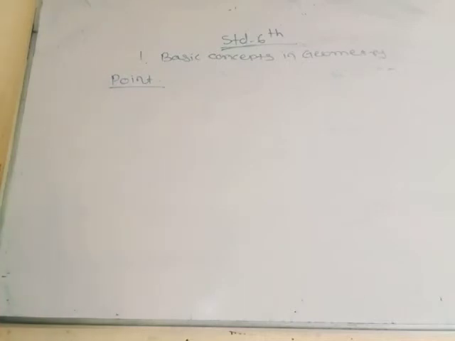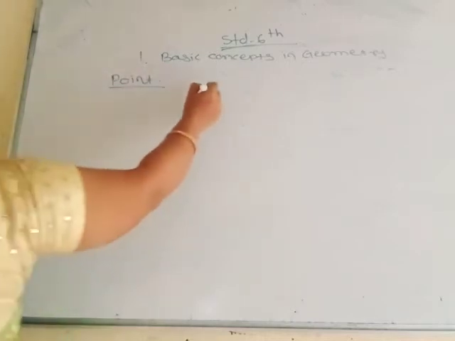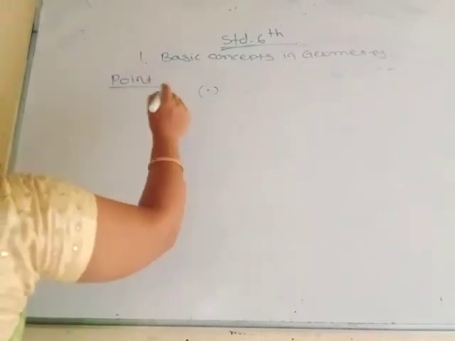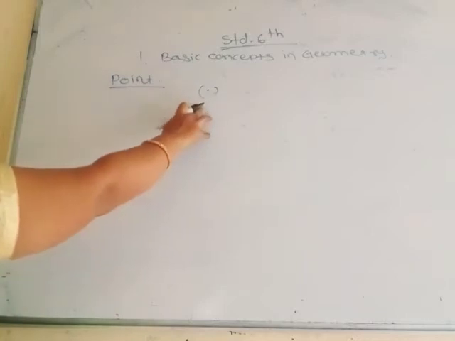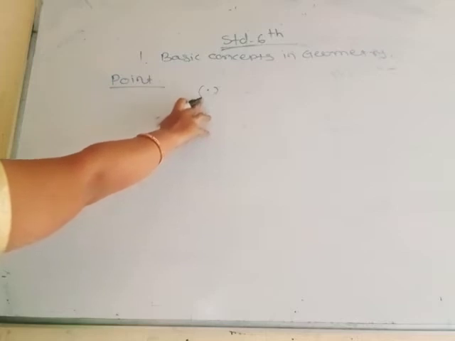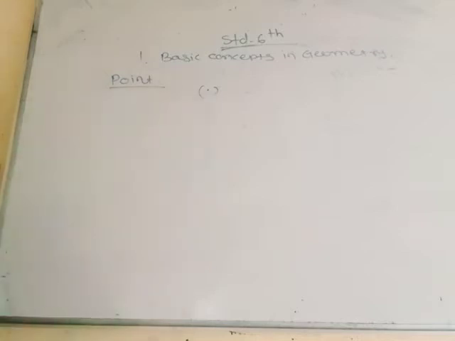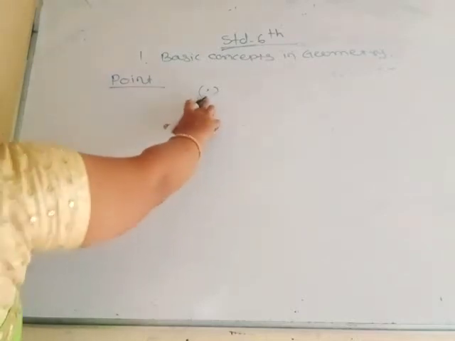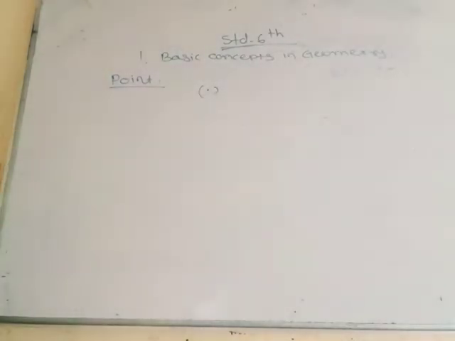Point. A tiny dot made by a finely pointed instrument on a sheet of paper conveys this idea of a point. This dot is the symbol for a point. Capital letters of the English alphabet are used to name points.